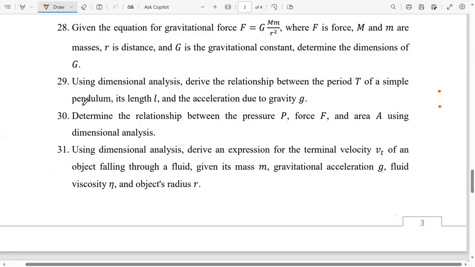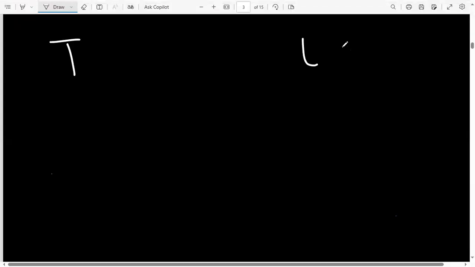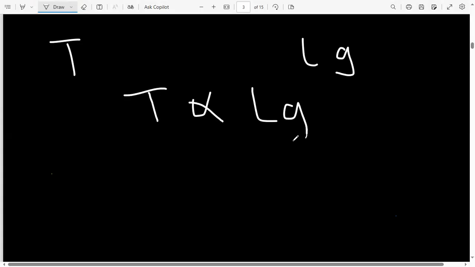So whenever you have such a question like this one here, we always have to write it in this way. We are deriving a relationship between this T and L and this G. So what you're going to do is write, let us assume that T is proportional to L and G. Always, this should be your first statement when you're deriving a relationship.